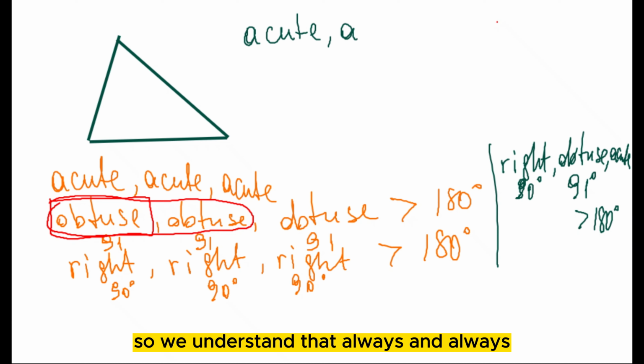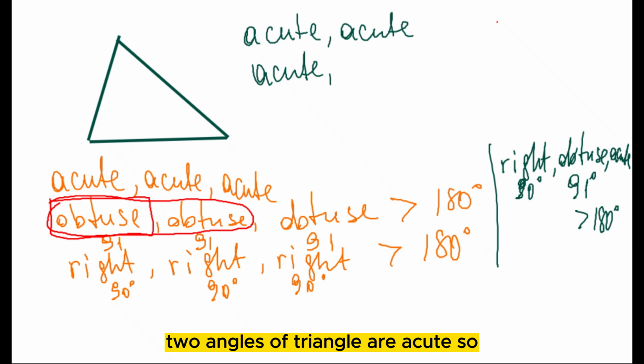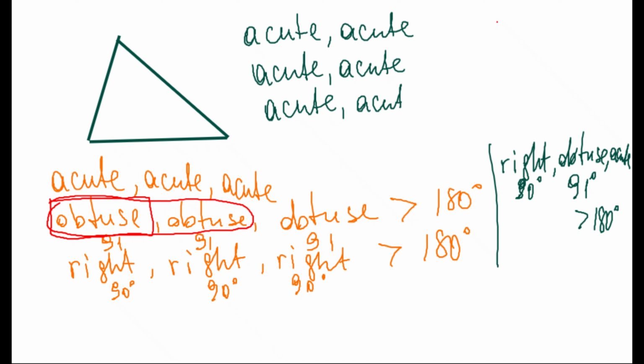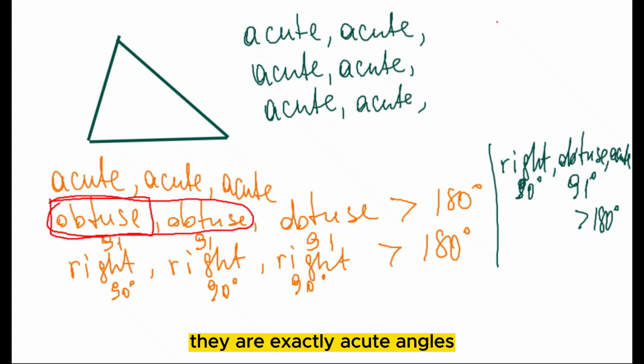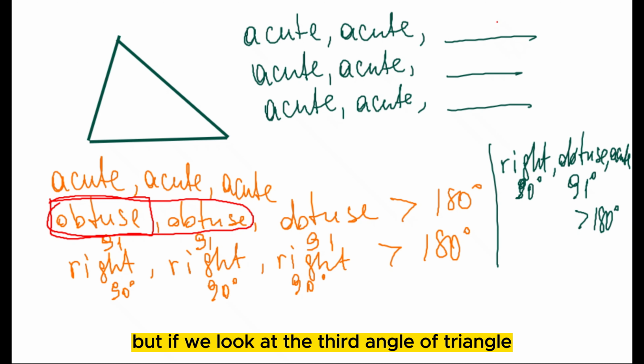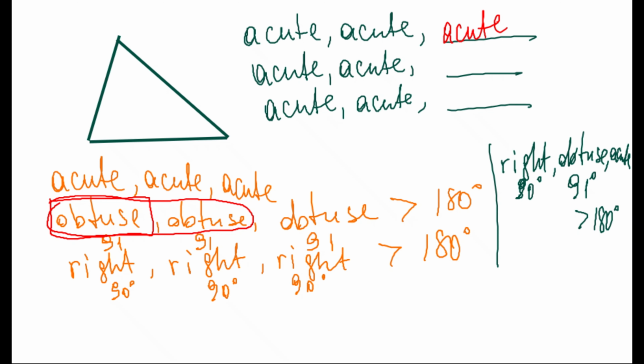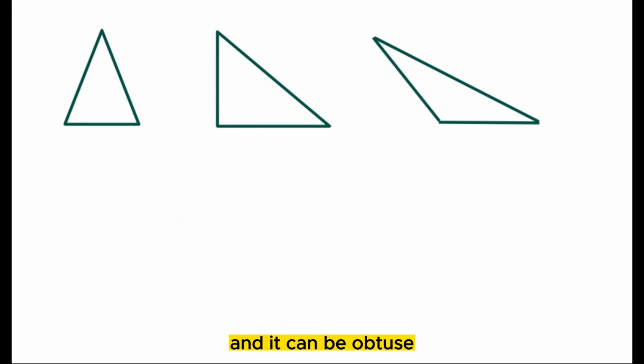So we understand that always two angles of a triangle are acute. But if we look at the third angle of a triangle, of course it can be acute, it can be right, and it can be obtuse.